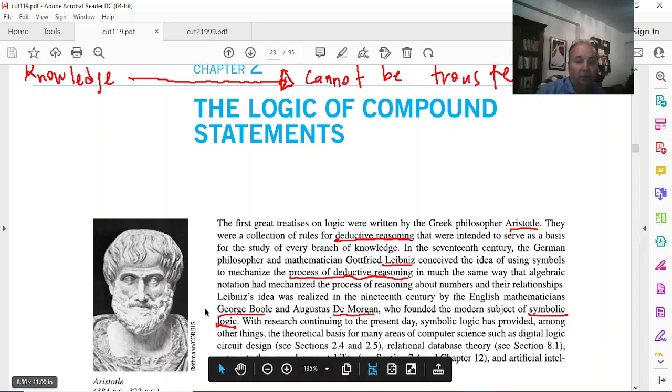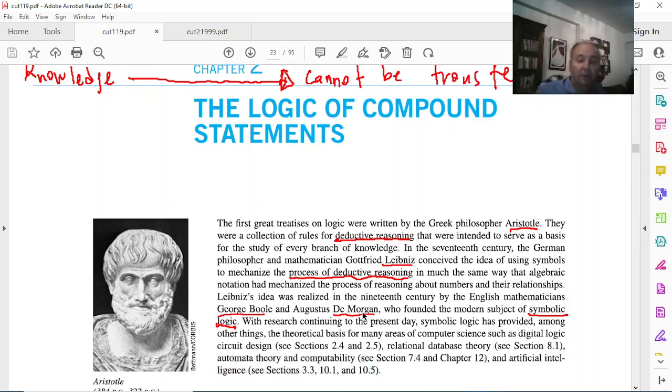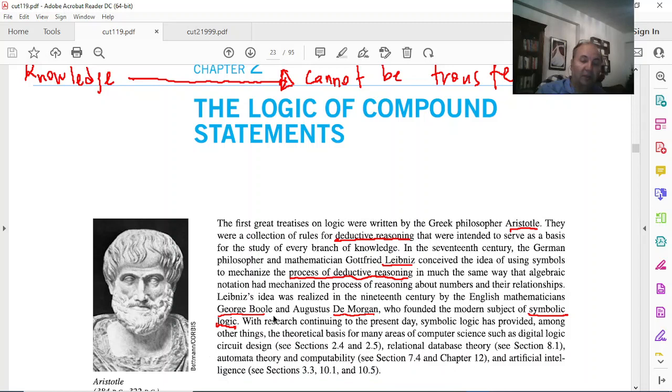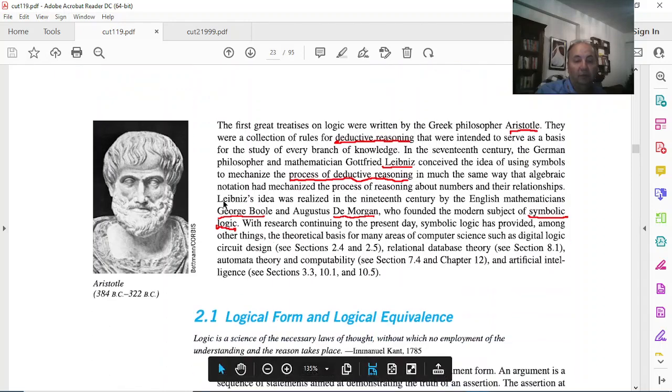But most importantly, George Boole and Augustus De Morgan, a very important scientist, established computer logic as well. Boolean algebra or Boolean logic is very famous among computer scientists and computer students, and in discrete mathematics as well. In the 19th century, George Boole made a very important contribution to the establishment of automatic machines and computers.